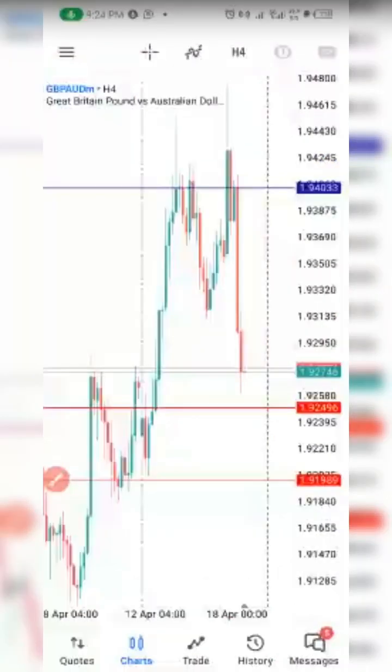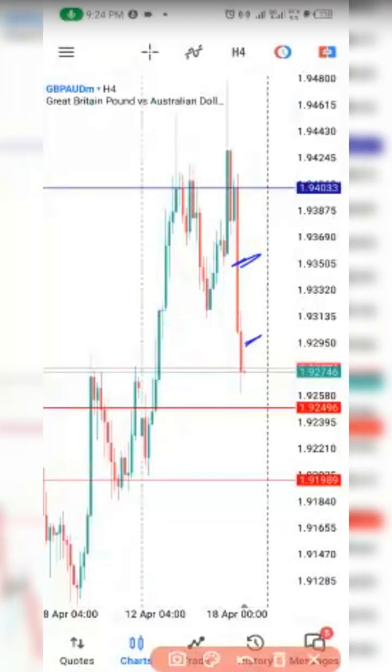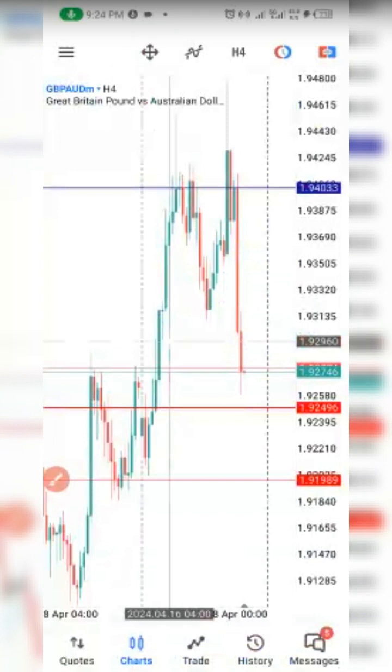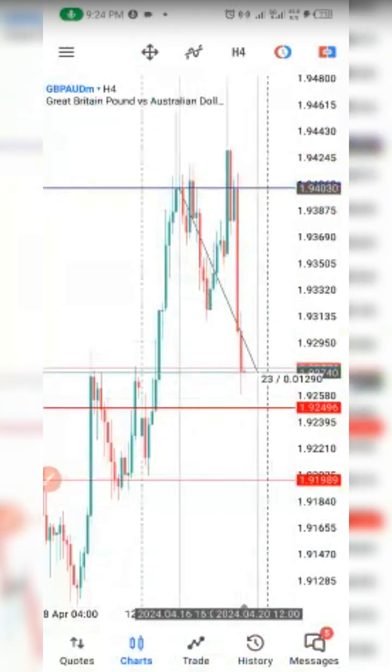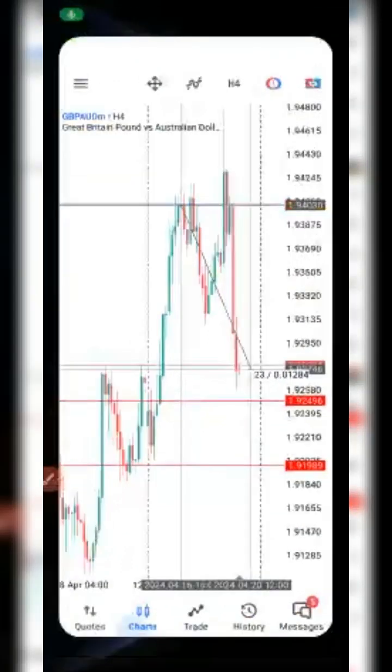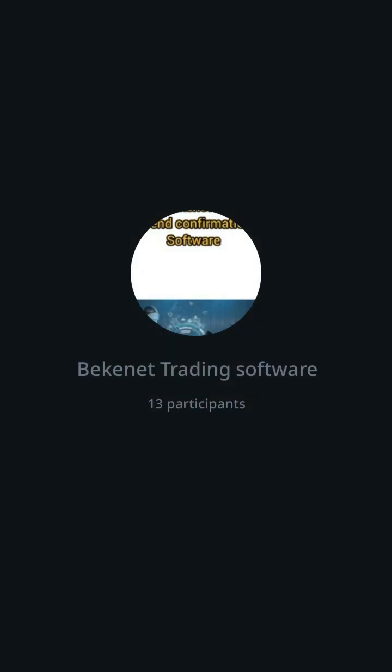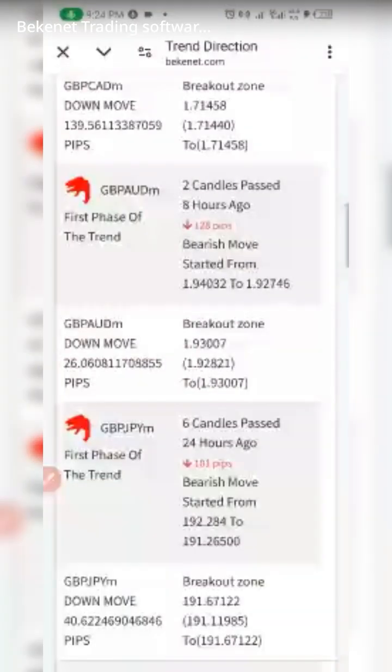Exactly. It has done one candle, another candle, which is 8 hours. If you calculate this now, you should be getting roughly 128 pips. I think so, 128 pips. That is exactly what we have here. You understand? So how do we take advantage of this?